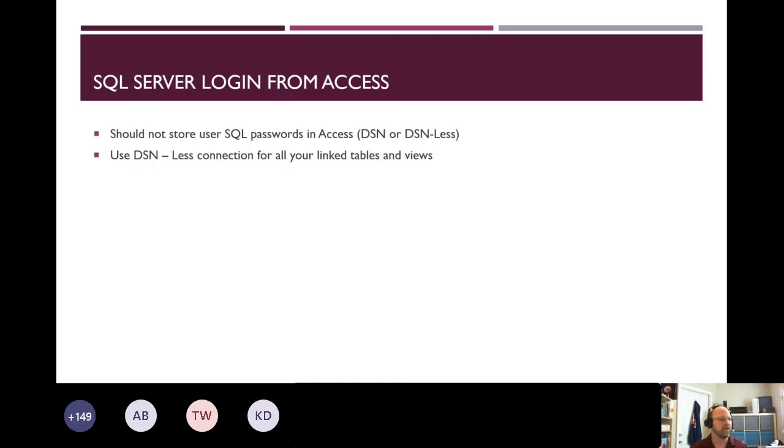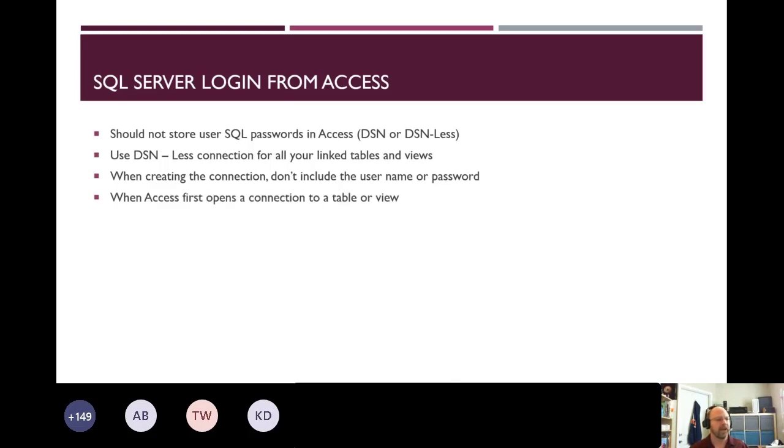So the trick from this is when you create the connection, don't include a username or password. So leave those blank. And then when Access first opens up the table or view, you're going to see a fairly ugly dialog box prompt up that you're not really sure if it's coming from Access or from SQL.